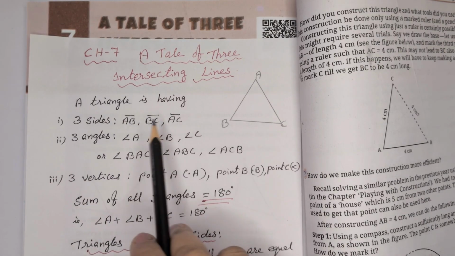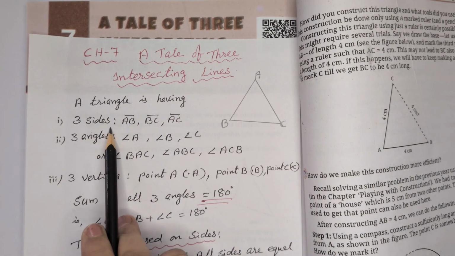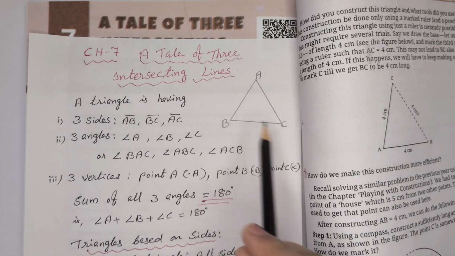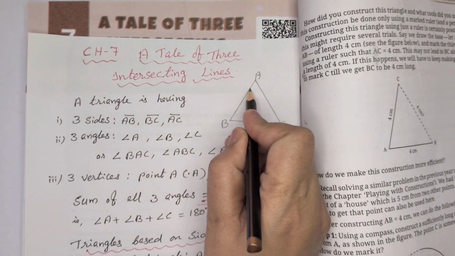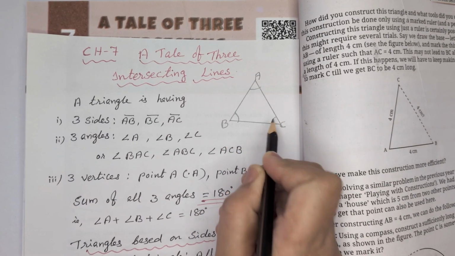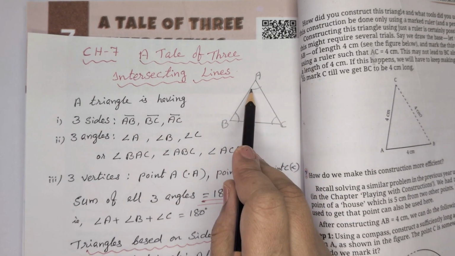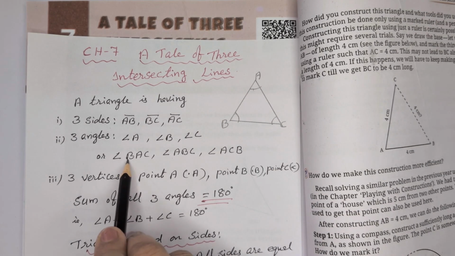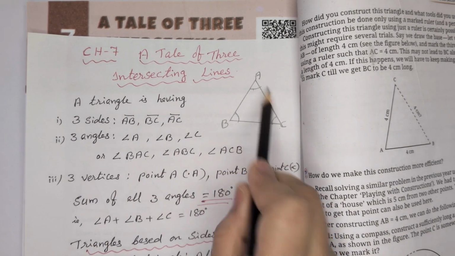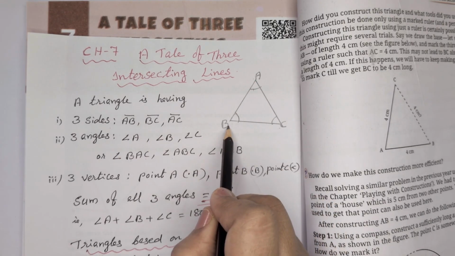In general we can write, a triangle has three sides, for example AB, BC, AC, and three angles: angle A, angle B, angle C. The same angles we can also write in three-letter form: angle BAC or angle CAB.